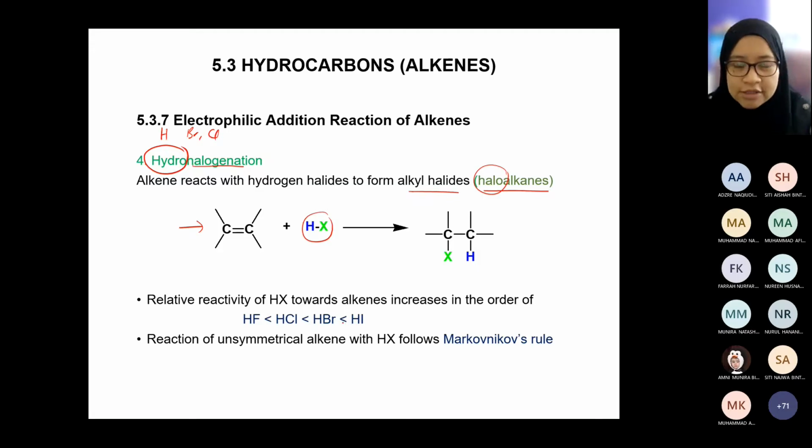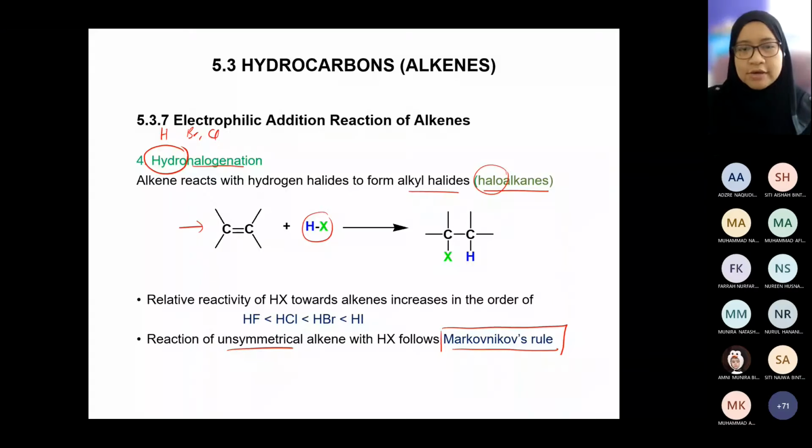Tak ada iodine. Alright, so the reaction of unsymmetrical alkene with HX follows Markovnikov's rule. So the first rule that you have to memorize is known as Markovnikov's rule. Macam case study, dia ada preference.